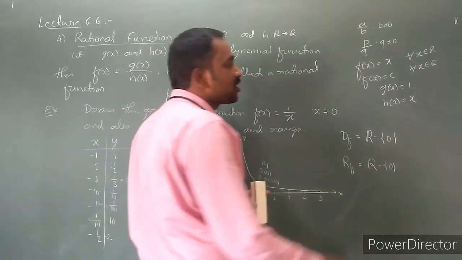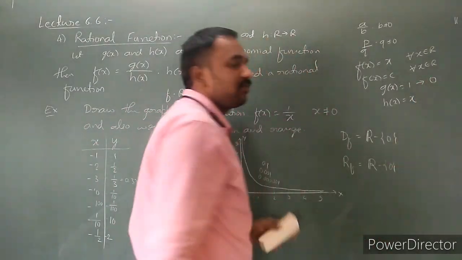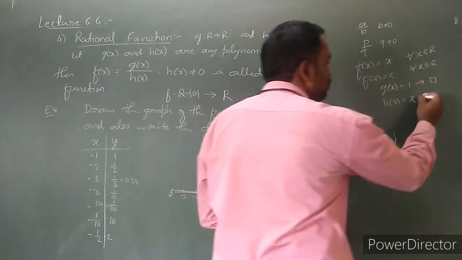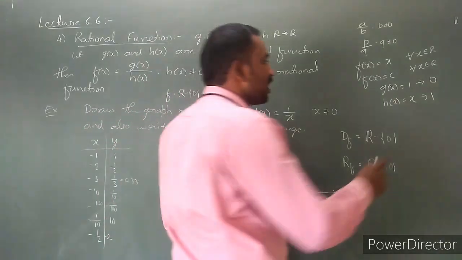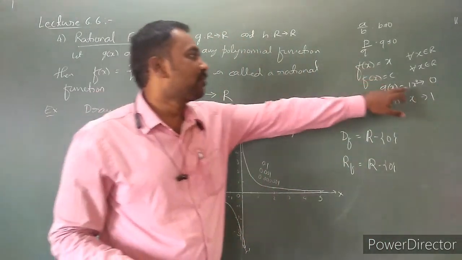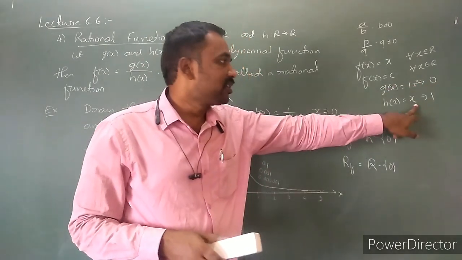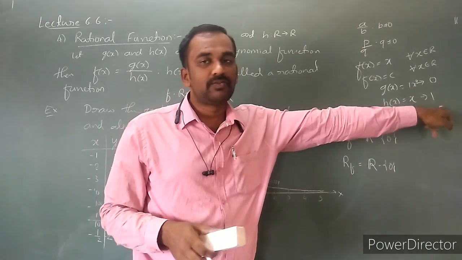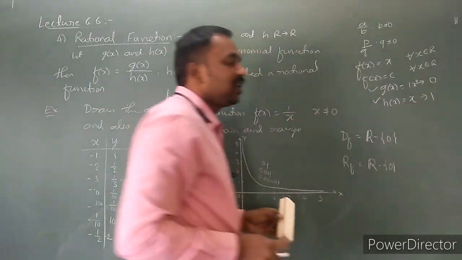What is the degree of each? The degree of g is 0 and the degree of h is 1. Why? Because 1 can be written as 1 into x power 0, so the highest power of the variable is 0. Therefore, it is a 0th degree polynomial function. For h, the highest power of the variable is 1, so it is a first degree polynomial function.